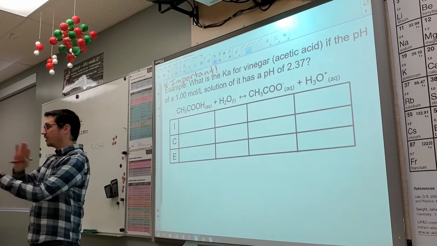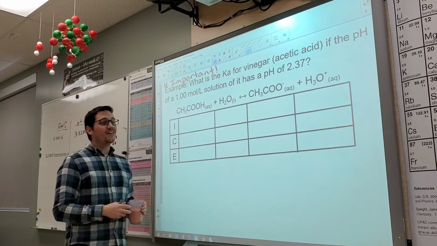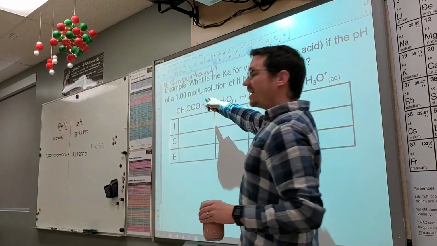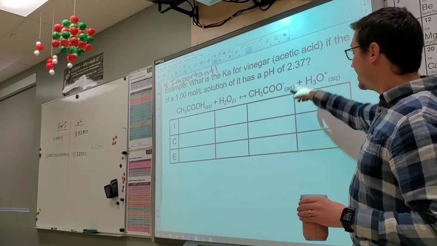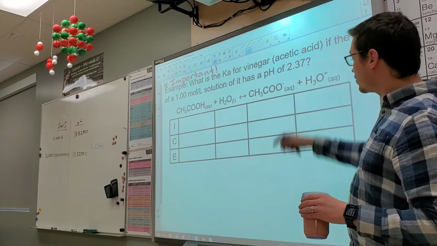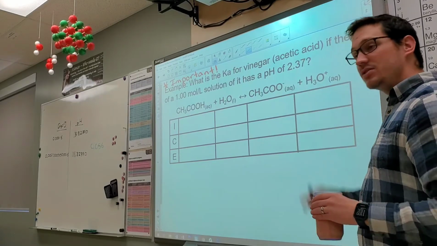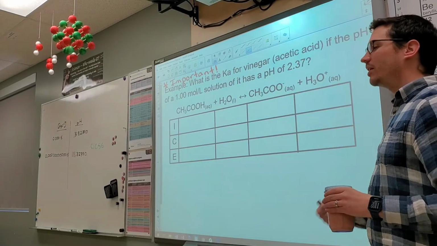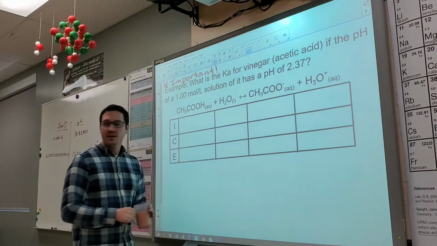That's a standard thing that you did in Chem 20 a few times. Then you take a pH probe, stick it in, and you measure a pH of 2.37. This is all stuff we can do in the lab. So now let's see if we can figure out how to measure the Ka of something.